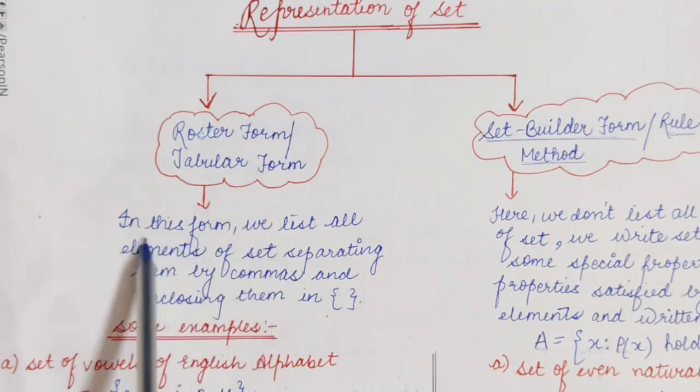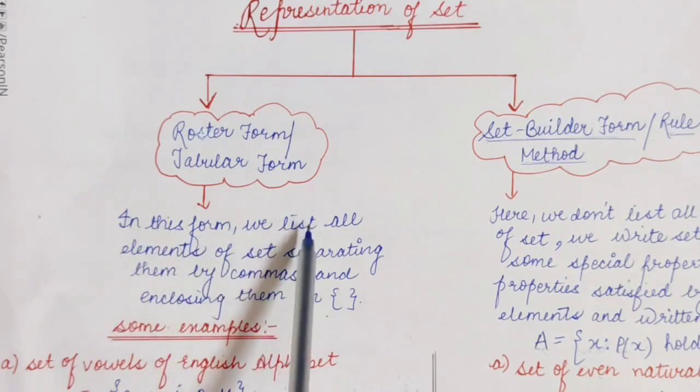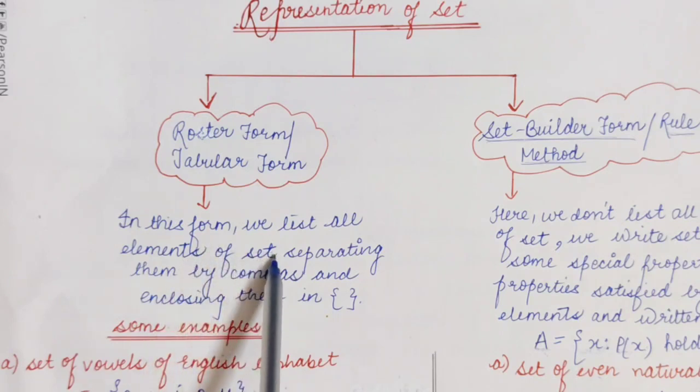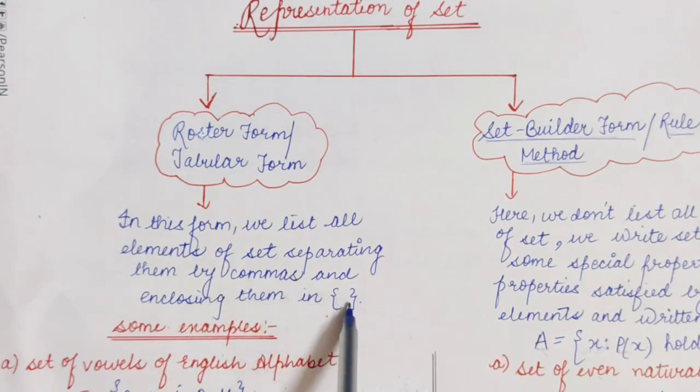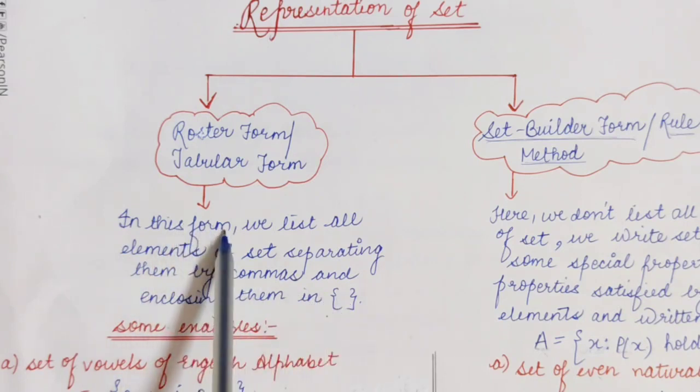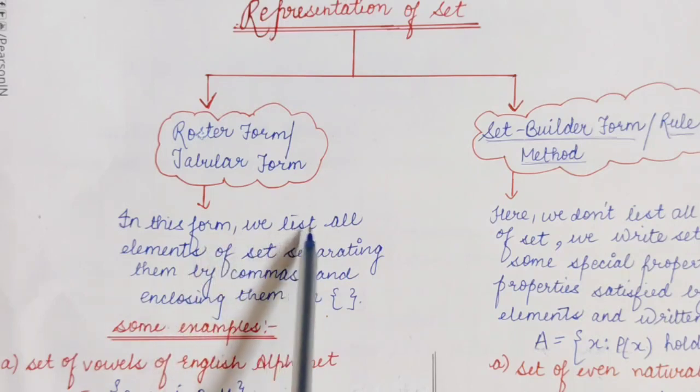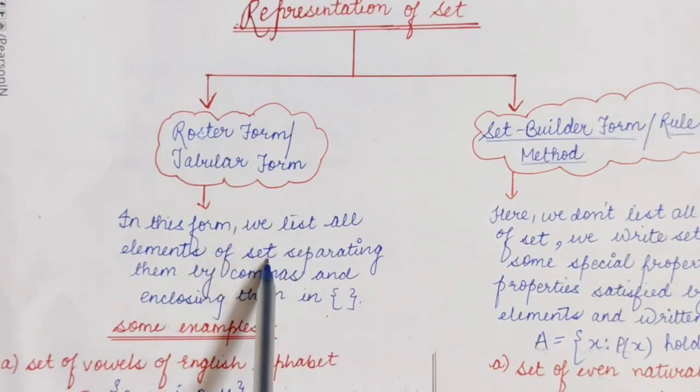Roster form. In this form, we list all the elements of the set, separating them by commas and enclosing them in brackets. So here basically we have to do two works.